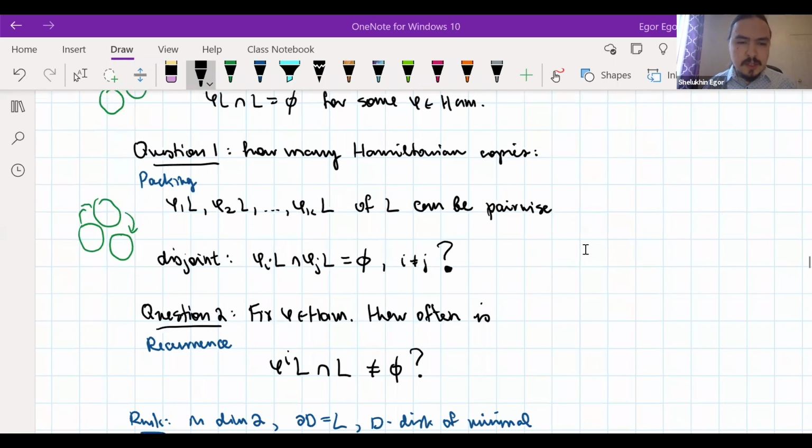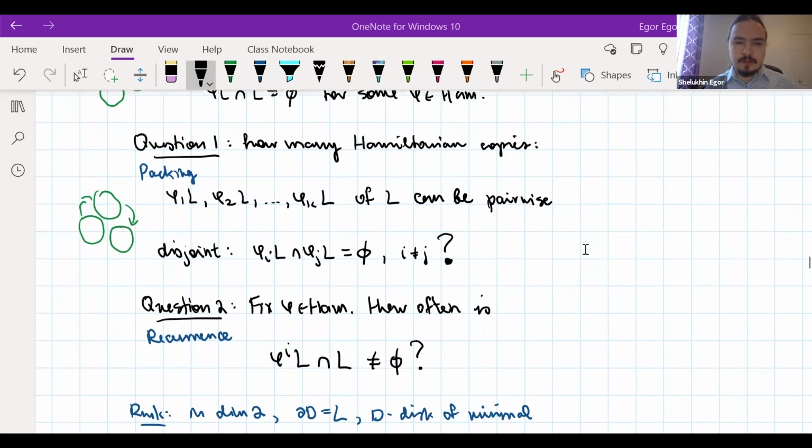A closely related question is that of Lagrangian Poincare recurrence, where we fix a Hamiltonian diffeomorphism and ask how often L comes back to itself, from the perspective of beginning to intersect itself under this discrete time dynamical system.